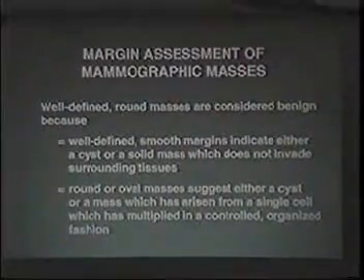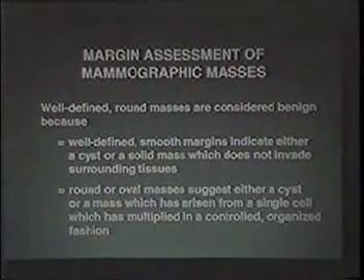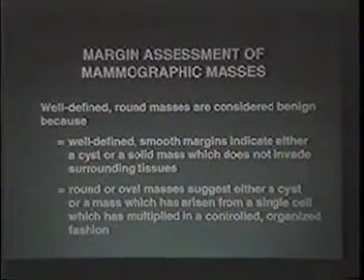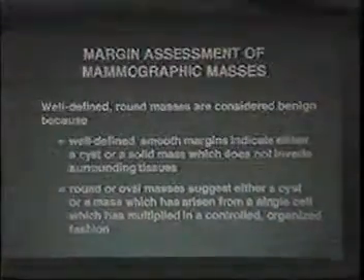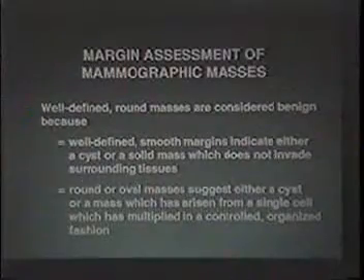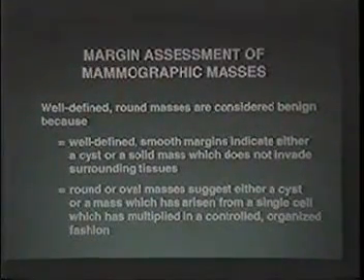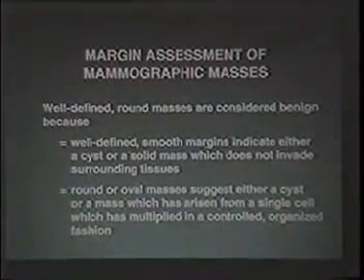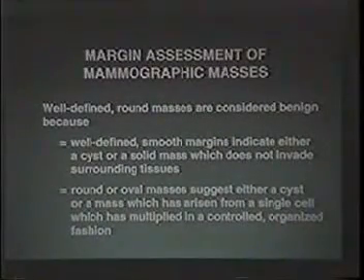Now, well-defined round masses are considered usually benign because well-defined smooth margins suggest that the lesion is either a cyst or it represents a solid mass which does not invade surrounding tissues. Round or oval masses also suggest that the lesion is either a cyst or a mass which has arisen from a single cell which has duplicated in a controlled, organized fashion, making this round or oval structure.